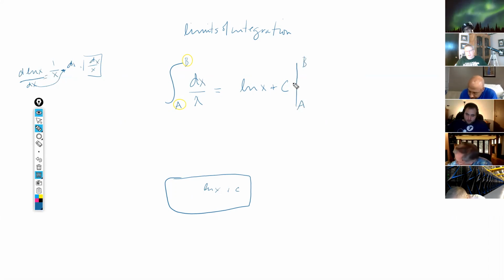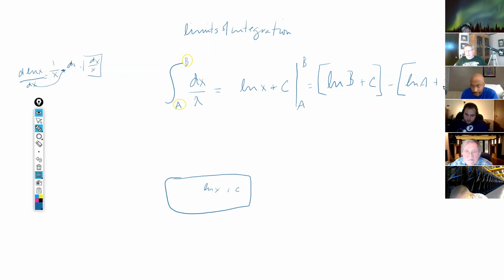Remember the little limit sign, the integral sign? What that's going to become is the natural log of b plus a constant minus the natural log of a plus a constant.